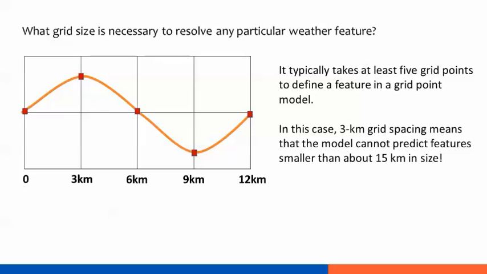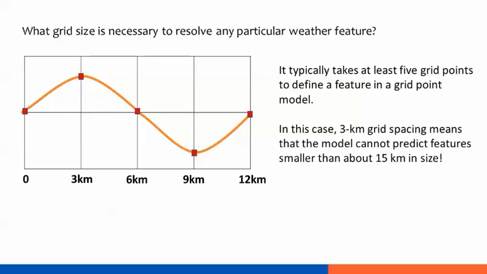Still, more points per wave feature are often necessary to get a good forecast. The smallest weather features that can be depicted, even within short-range forecasts, span 5 to 7 grid points. Phenomena that can be preserved in 1 to 2 day forecasts typically have wavelengths greater than 8 to 10 grid spacings.